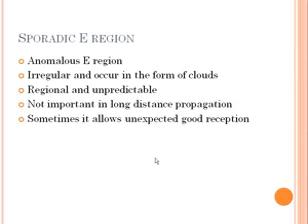So it is an anomalous E region. So this is regional and unpredictable. So we cannot use the sporadic E region for long distance propagation. So sometimes it is useful because sometimes it allows unexpected good reception, but we cannot rely on this sporadic E region. So the next region is the F region.